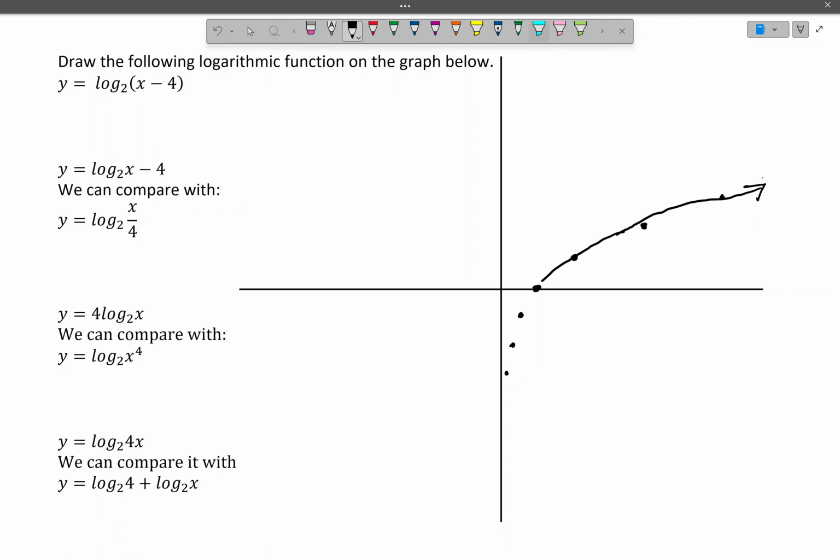Okay, so this is the original logarithm, base 2. That's the original, the OG.